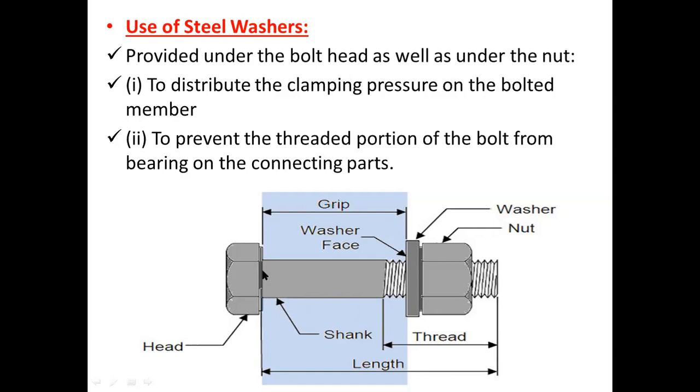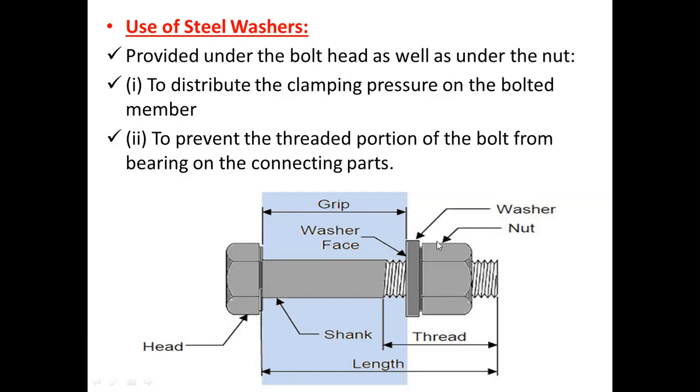It is a solid portion, and there are no threads in it, right? In the threaded portion, only threads are present. Wherever these threads start or end, that portion is called the threaded portion, right?